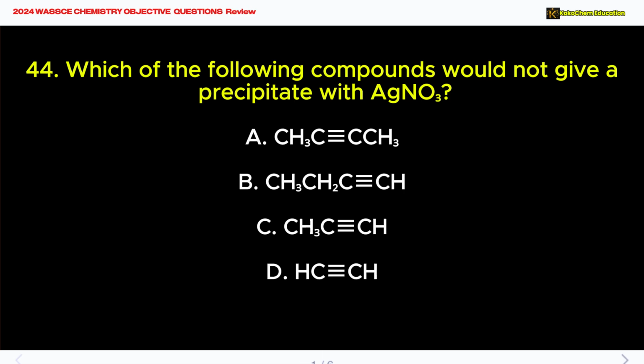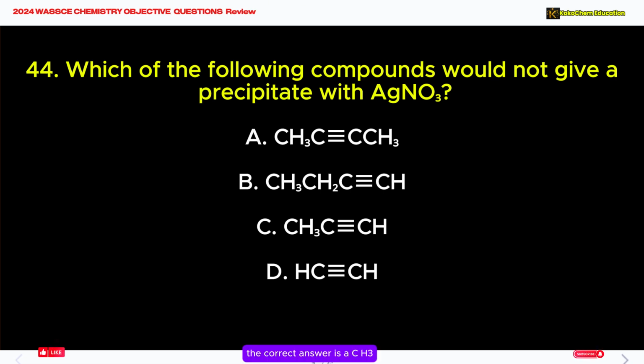44. Which of the following compounds would not give a precipitate with silver nitrate AgNO3? A. CH3C≡CCH3, B. CH3CH2C≡CH, C. CH3C≡CH, D. CH≡CH.